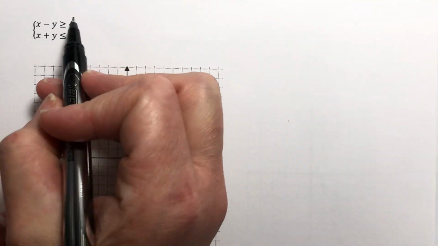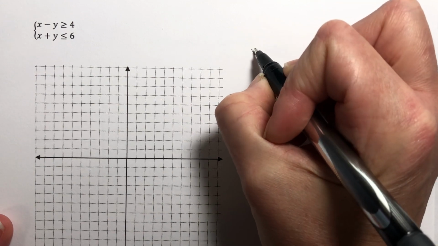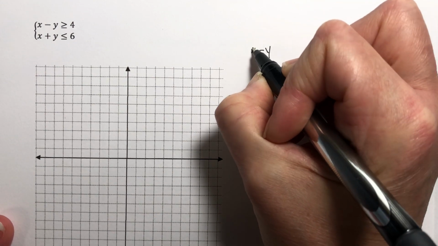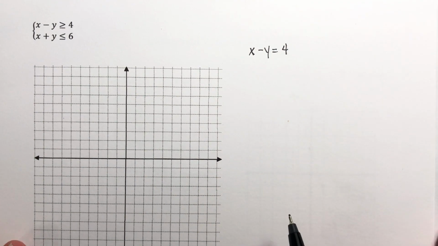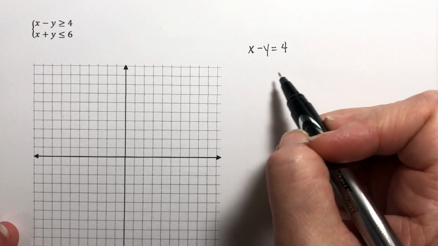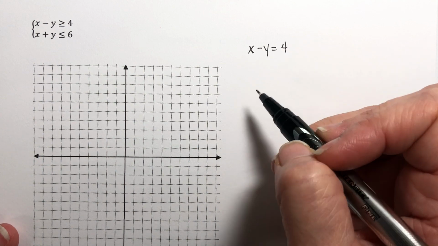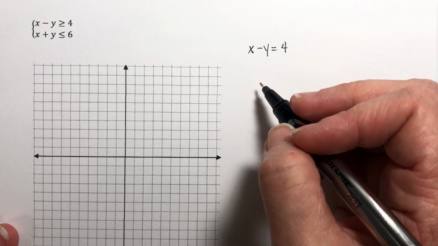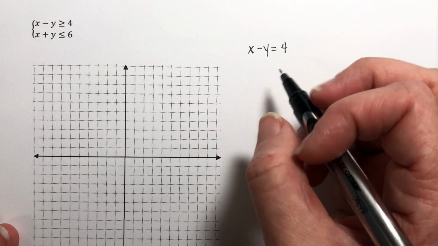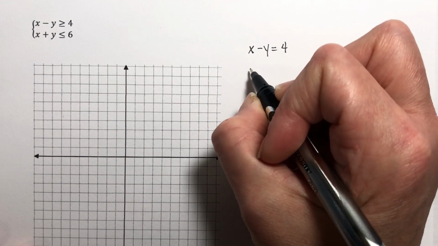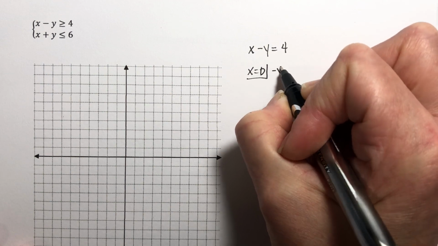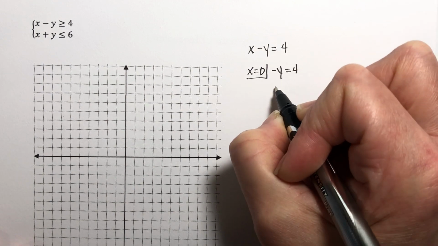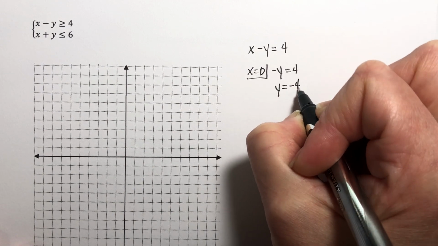So I'm going to start off with the top one, and I have x minus y is equal to 4. Okay, so we just need to get this graphed. You can rearrange this, put it in slope-intercept form if you want to. You can use intercepts, just whatever you need to do to get it graphed. So I'm just going to use intercepts. If x is 0, that means I have negative y is equal to 4, so y equals negative 4.